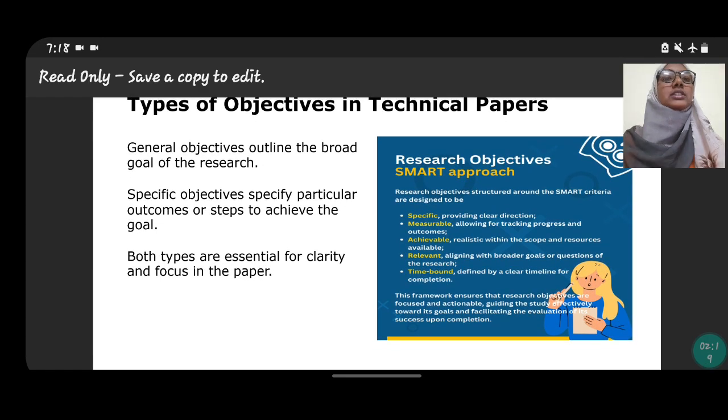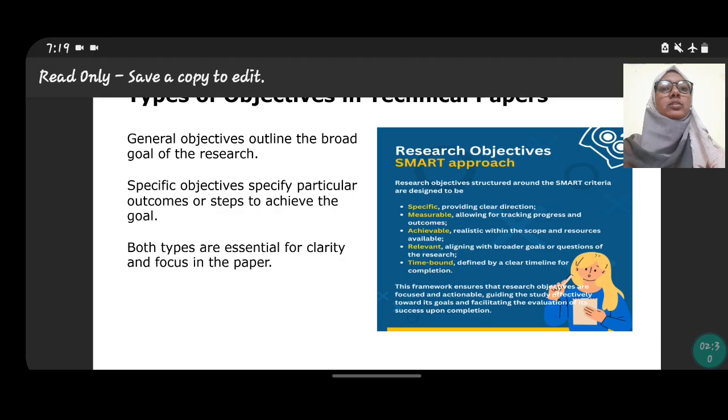So the general objective is for the overall, and a specific objective specifies particular outcomes or steps to achieve the goal. Both types are essential for clarity and focus of the paper.